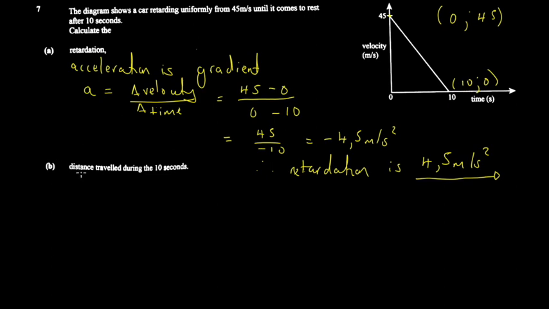Then it asks you to find the distance traveled in the 10 seconds. So distance is area under the graph.